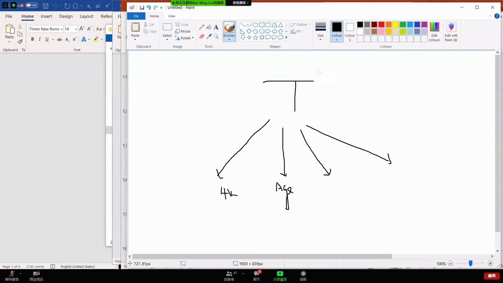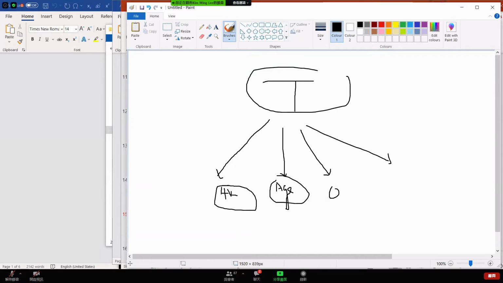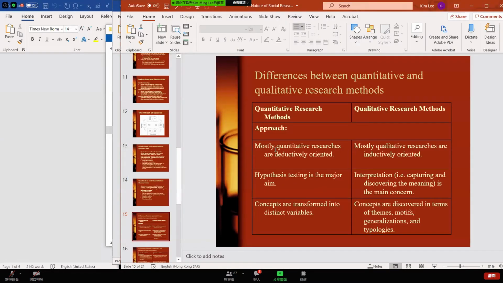So that means one general theory can give you different types of what we call empirical statements. Regarding the place, just Hong Kong. Regarding the age, you just want to examine the young people in different places, in Taiwan, in Hong Kong, and in Singapore. Or you can do a lot of things. You can deduce a lot of empirical statements from one general theory. Okay? So this is mostly deductively oriented, and you want to test that.